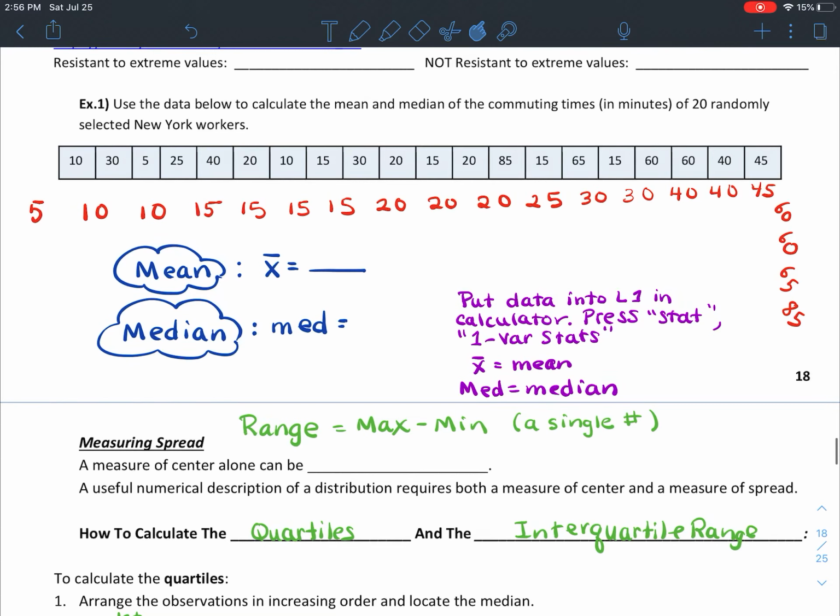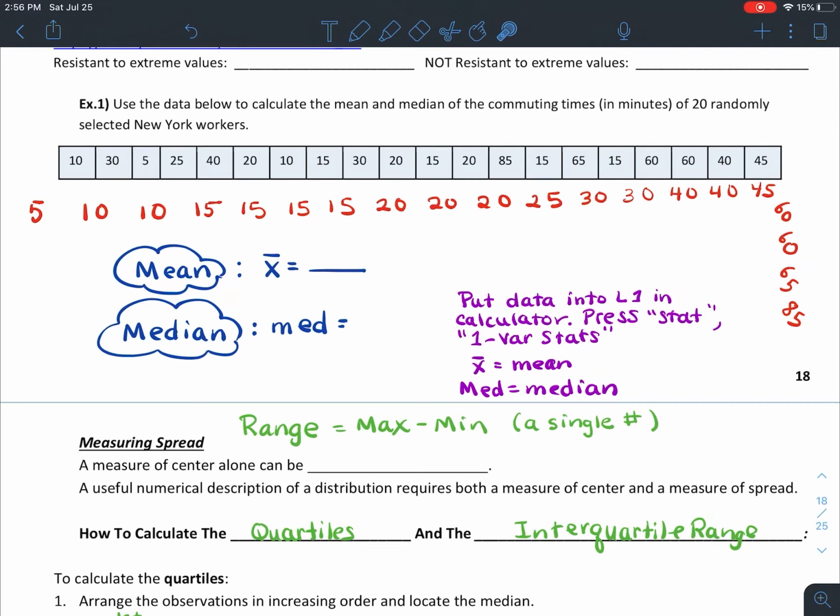Now, here's where a big difference comes in between mean and median. They're not always really close to each other in value. You'll see this a little bit with this example. This data represents the commuting time in minutes it takes for 20 randomly selected New York workers to drive to work.